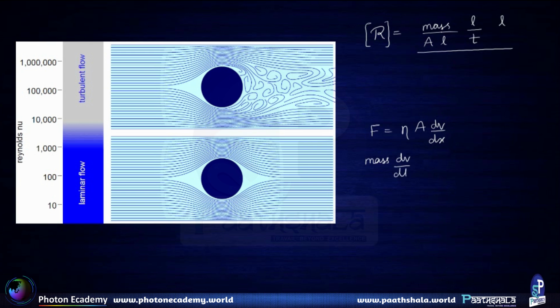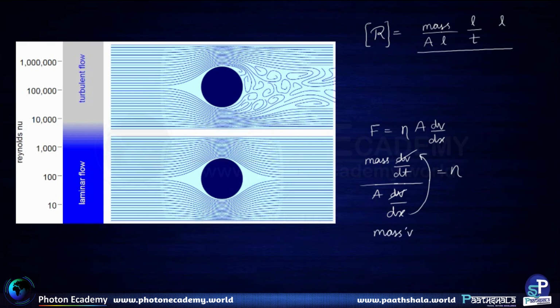So the dimensions of eta are the dimensions of force divided by area and dv upon dx. So dv is going to get cancelled over here, and then this dx will come up. So it is like mass velocity upon area. So that is what eta is. So in the denominator we have got mass velocity upon area.